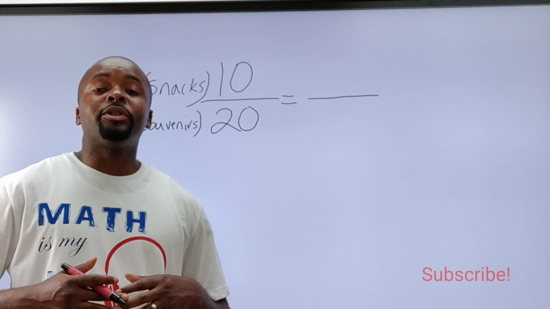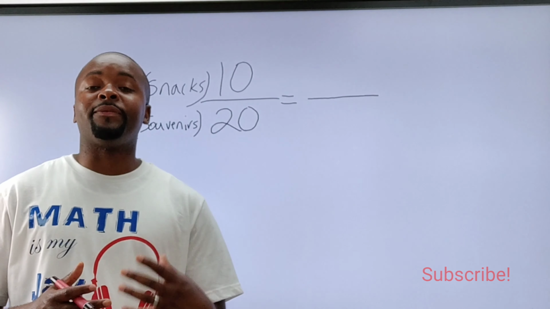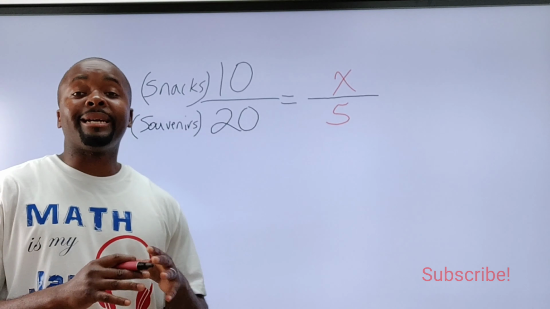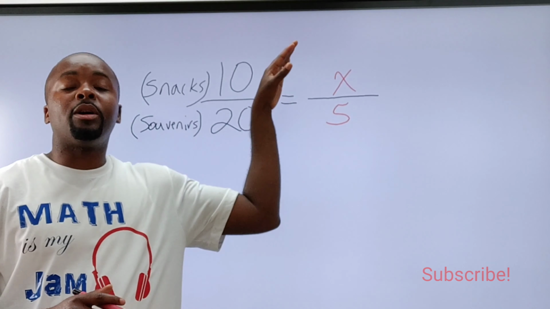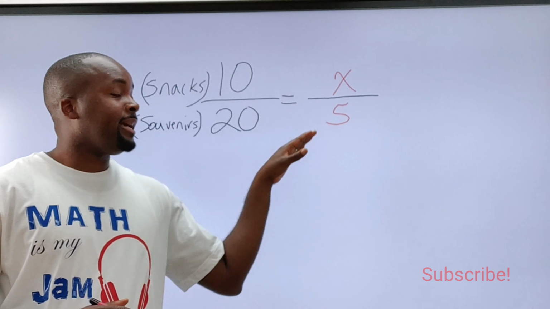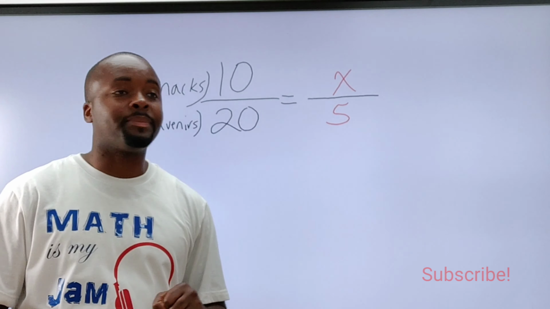But this year, we know she wants to spend $5 on souvenirs. So our job is to find out how much she's going to spend on snacks. Because snacks is the unknown value, we're going to place our variable x in our snacks column. And the 5 will go here for souvenirs because that's the known quantity.